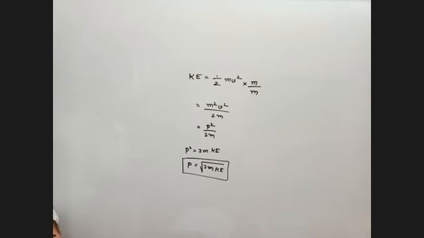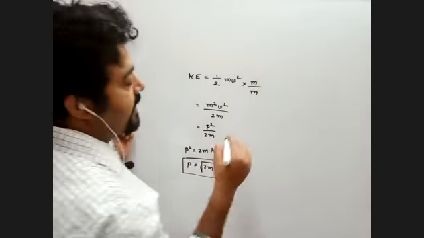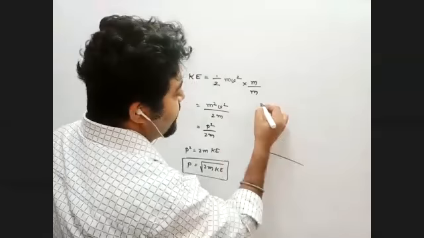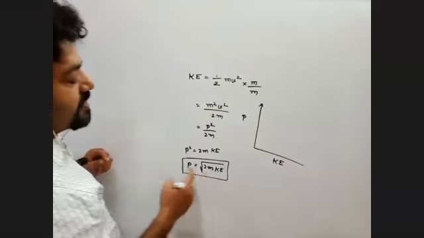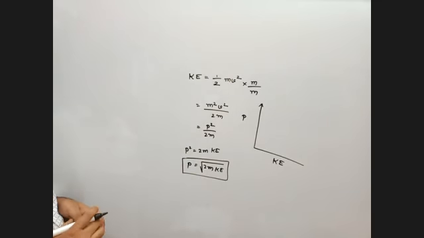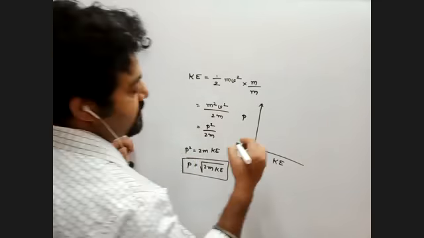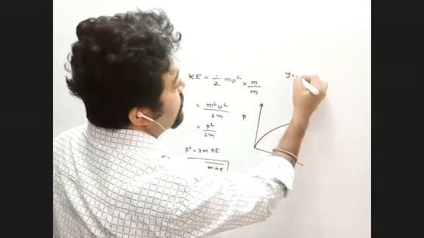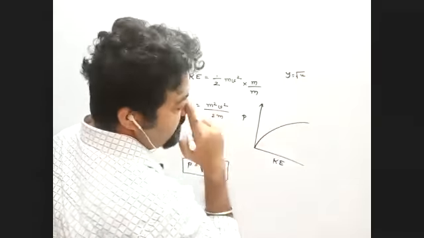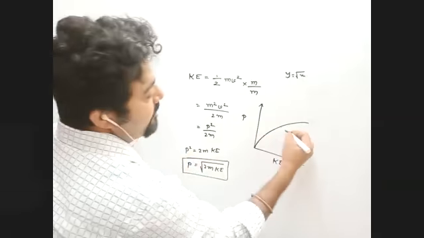Now from this relation we can draw some graphs, like momentum and kinetic energy. p is directly proportional to root under kinetic energy, and it looks like this, root y equals root of x. The graph looks like this, where m is constant.